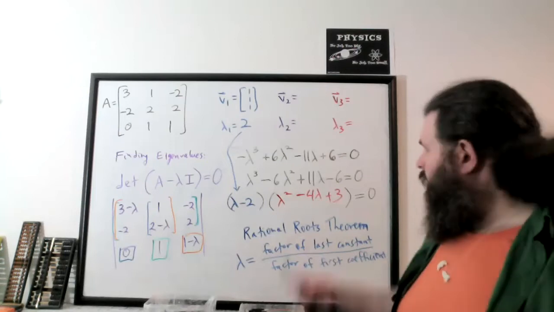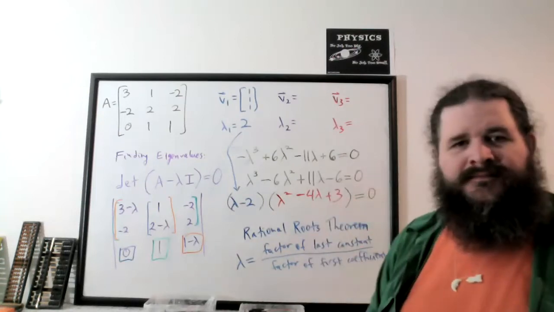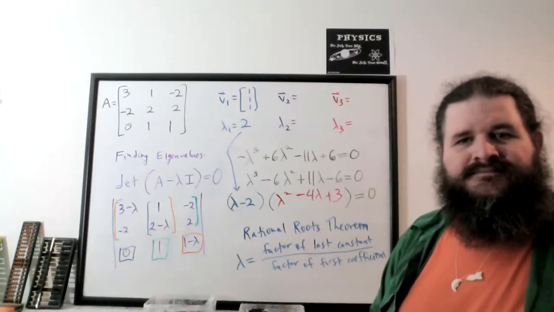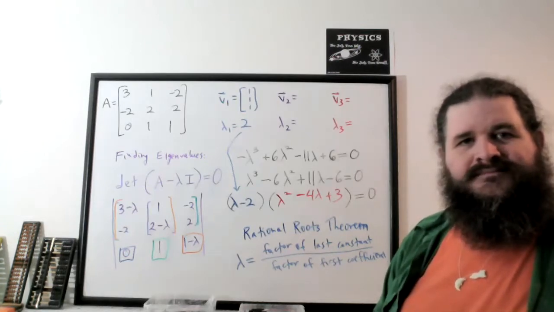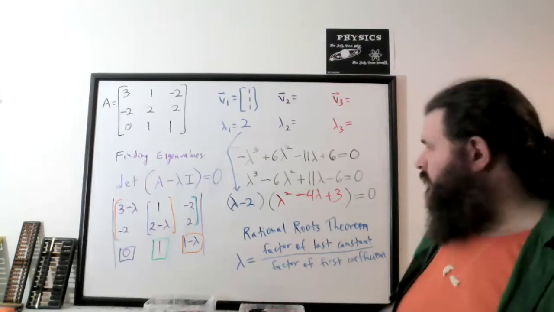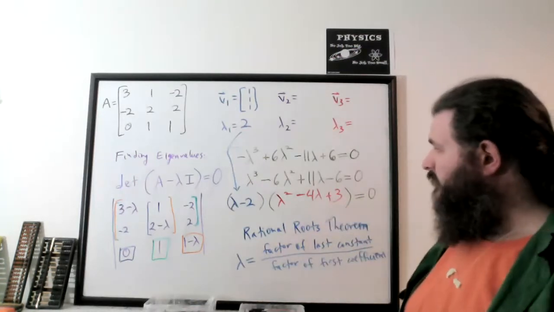So if we list those out, what are the factors of 6? 1, 2, 3, 6. Yeah, so those are the possible numerators, 1, 2, 3, or 6.